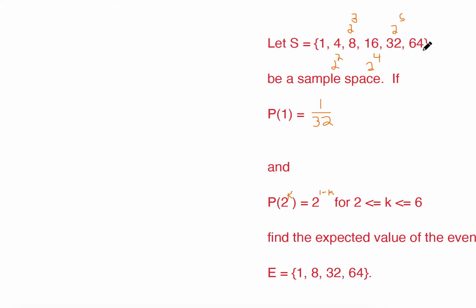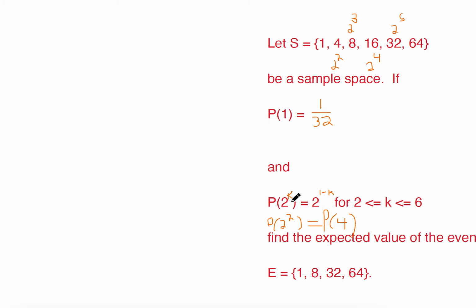Okay, so they're saying if you want the probability of 2 to the second power, in other words, 2 to the second power, that's calculating the probability of 2 to the fourth, right? Sorry, I said that wrong. That's calculating the probability of 4.